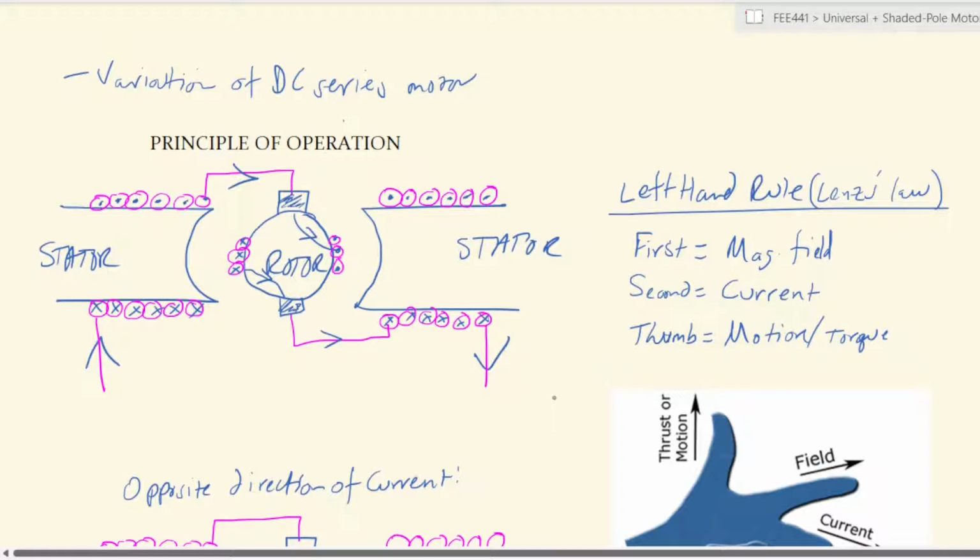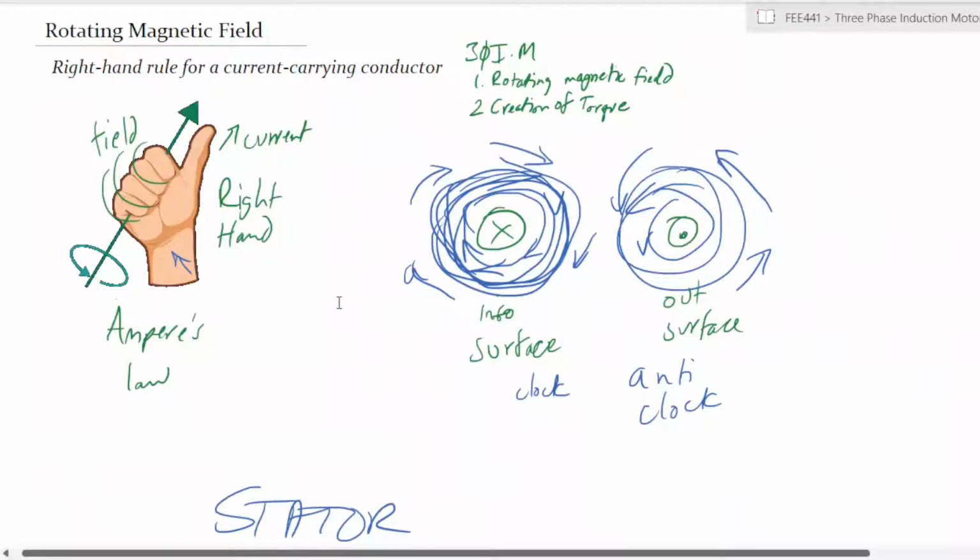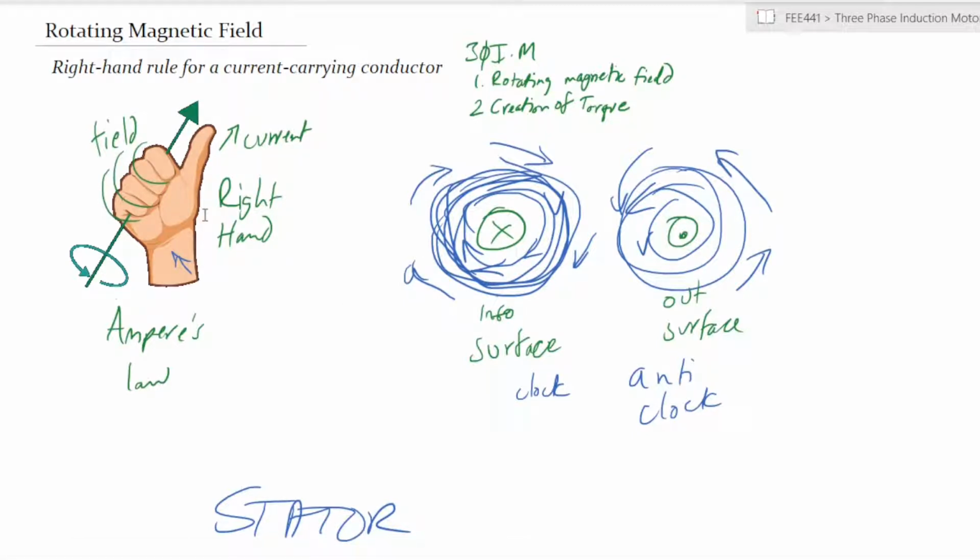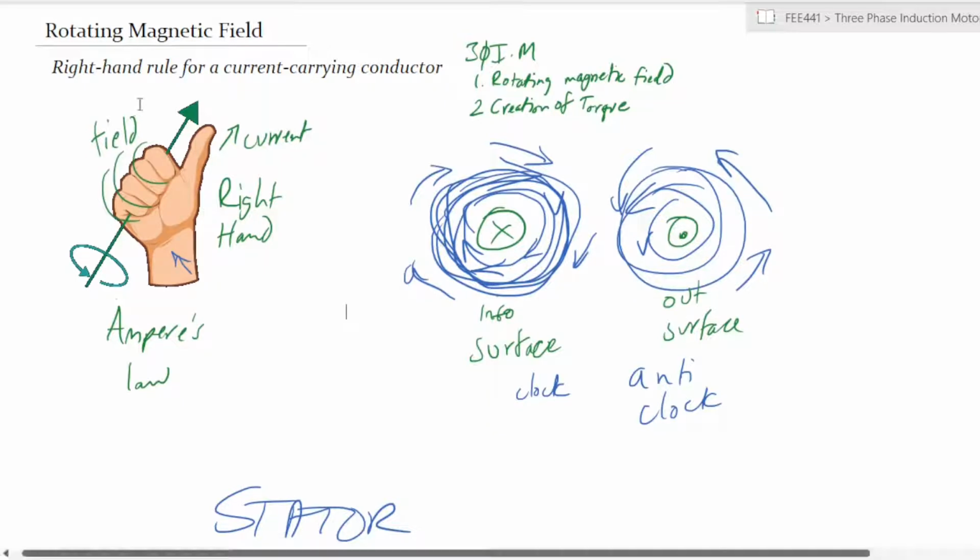So as we had seen earlier in the unit when we were talking about induction motors, anytime you have a current flowing through a conductor, you use your right-hand rule through Ampere's law, indicating that if you would wrap your right hand around the current carrying conductor and point your thumb in the direction that the current is flowing through that conductor, the direction of the fingers, the way they wrap around the conductor, indicates the direction of the magnetic field, which we are showing here.